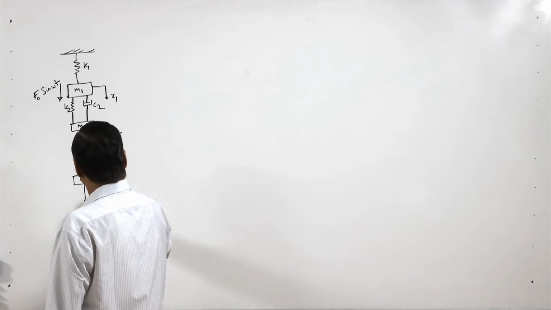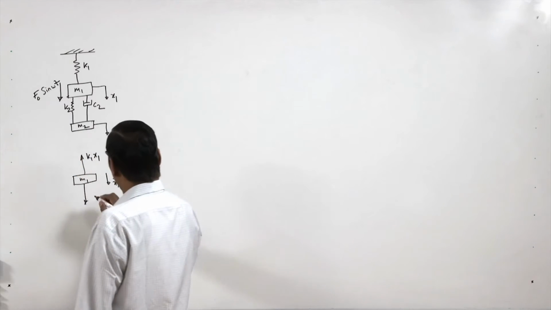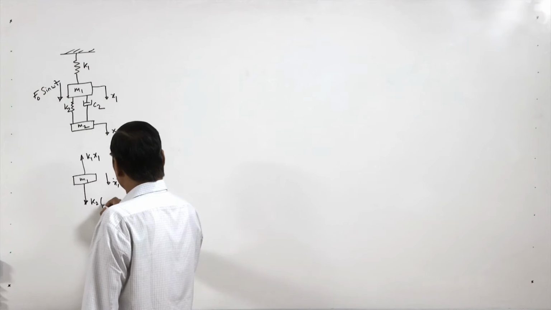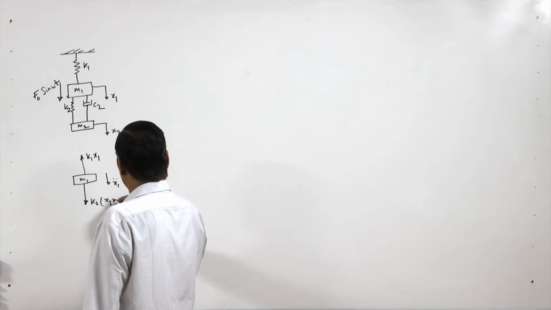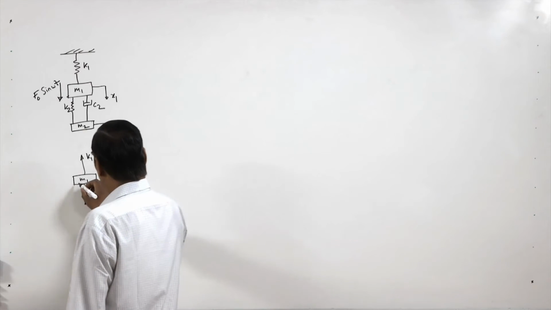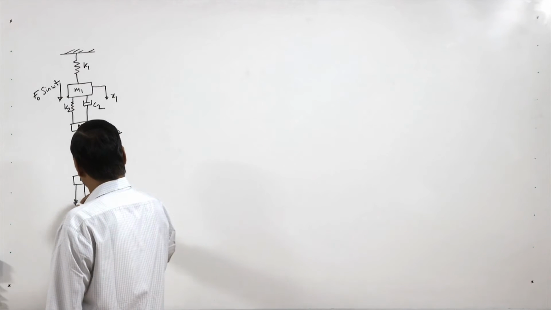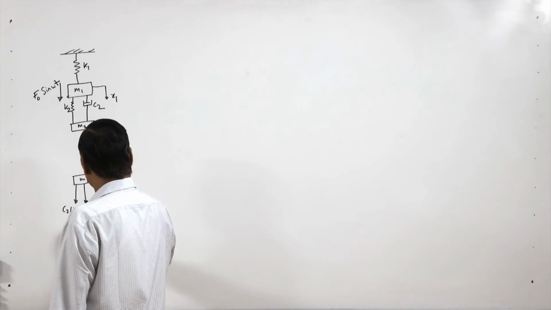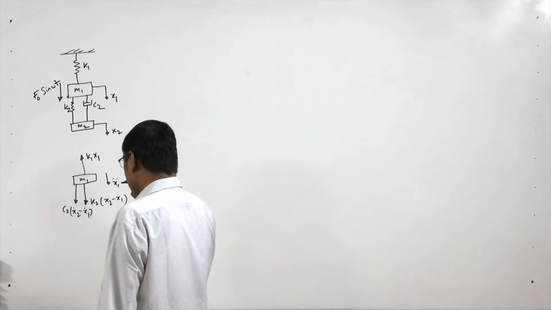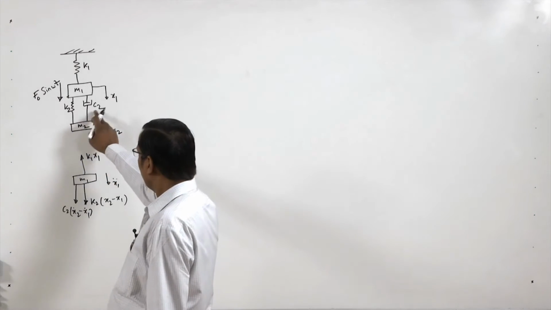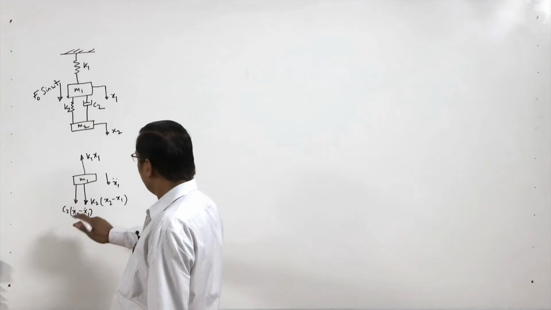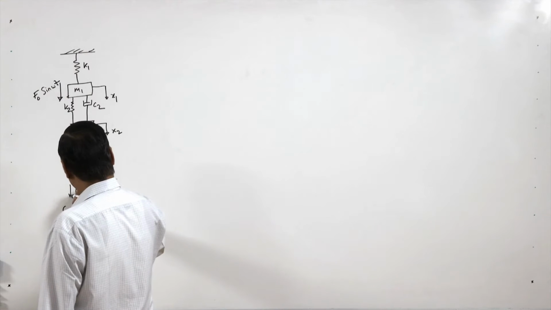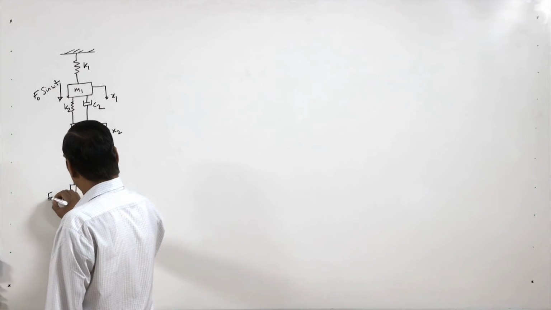Now if we assume x2 is greater than x1, we will have K2 times (x2 minus x1), and then due to the damper it is C2 times (x2 dot minus x1 dot). So this is the spring force due to K2 and the damping force, and then there is F0, the applied force.